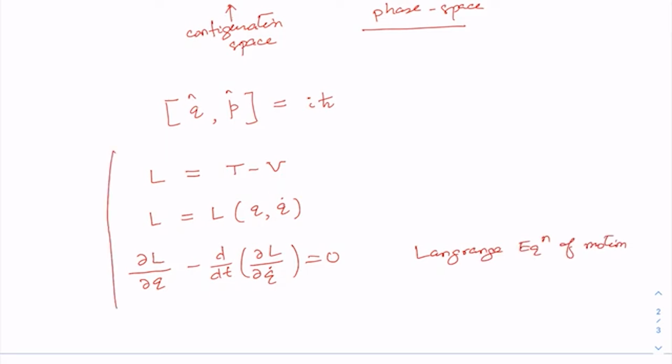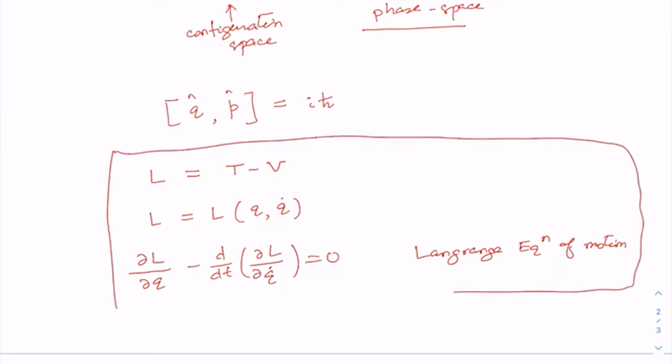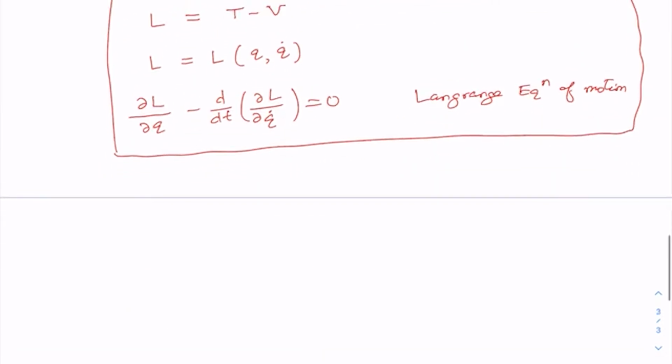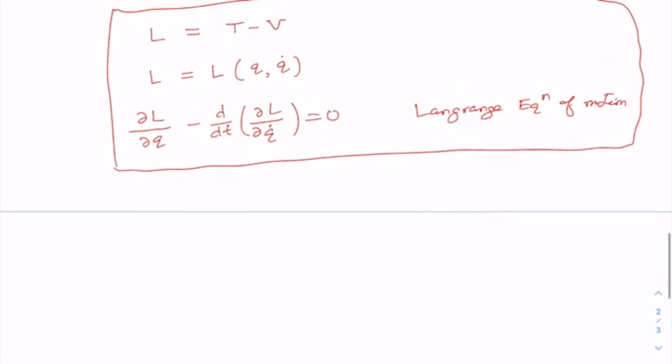In the case of the one-dimensional classical harmonic oscillator, the Lagrangian would be half m q dot square minus half m omega square q square.